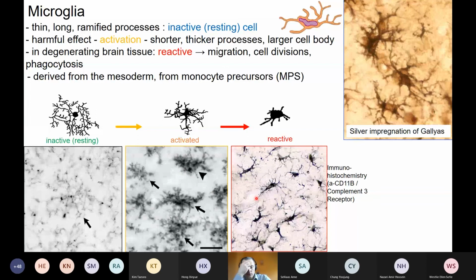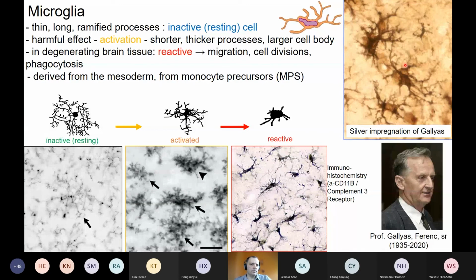But if you are in the PH University and you study with us, I have to mention this silver impregnation technique, which was invented by Professor Gajas, Professor Gajas the senior. He's the father of the head of the biochemistry department.